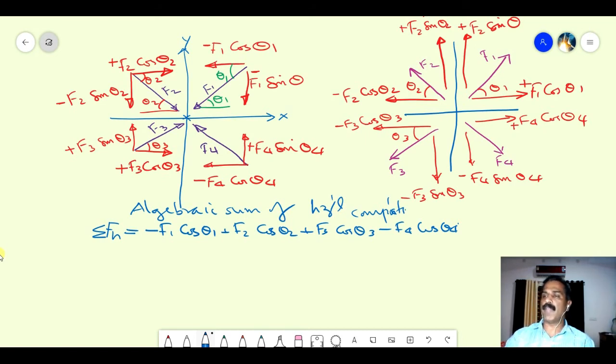Similarly, we can find out sigma Fv also. What will be sigma Fv? Algebraic sum of all the vertical components of the forces. Here we will start from the first one, that is minus F1 sin theta 1. Then for the second one, it is minus F2 sin theta 2.